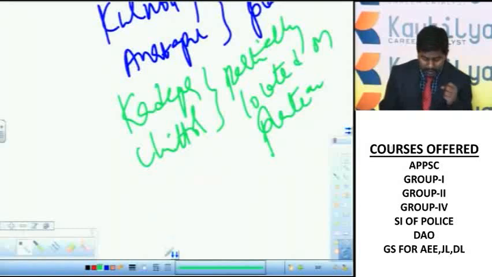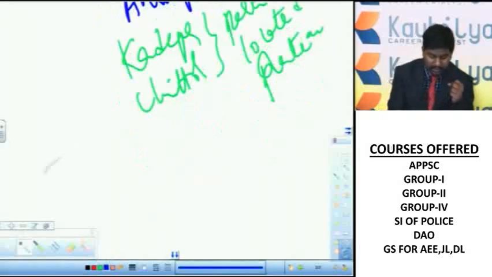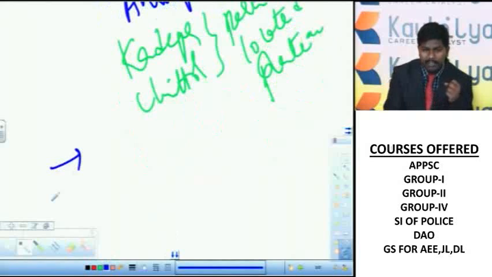So today this Plateau region of Andhra Pradesh belongs to the Deccan Plateau.